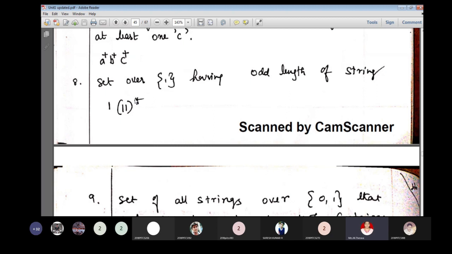So it is able to produce odd length strings. It can produce 1, whenever you put epsilon for the star, then this becomes 1. One time repetition, then you will get 3 ones. Two times repetition, then you will get 5 ones. It goes like that.